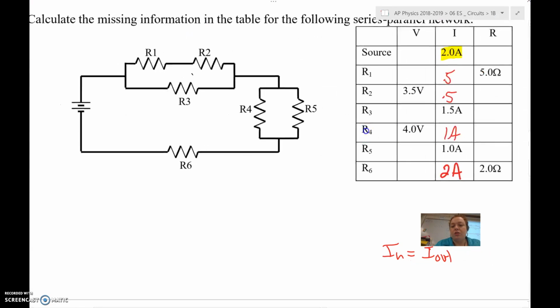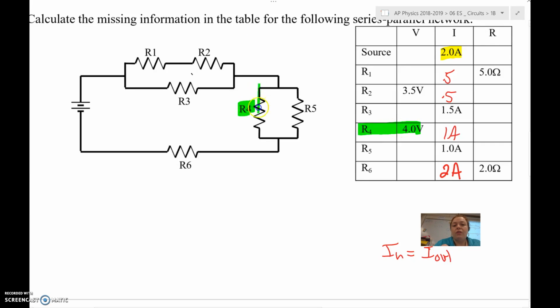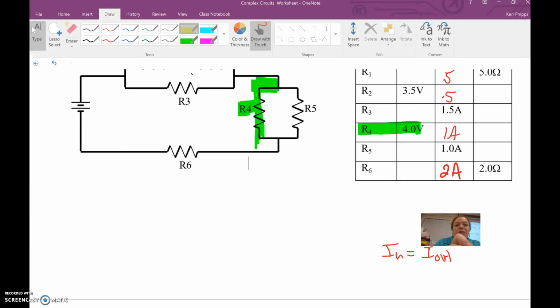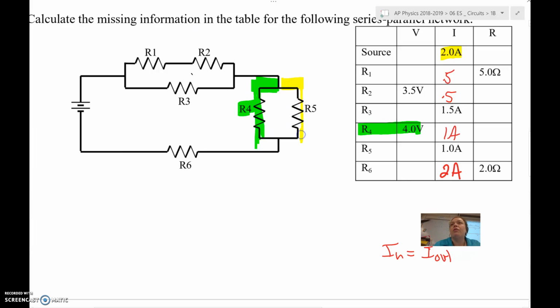Looking at R4 first, if the voltage across this path is 4 volts, then it must be the same as the voltage drop across R5, because when the voltage comes in from here to here, there's nothing changing it. It's just wire, so there is no voltage change across the wire. So the 4 volts across R4 will be the same as the 4 volts across R5.